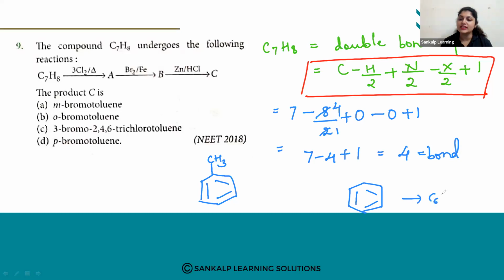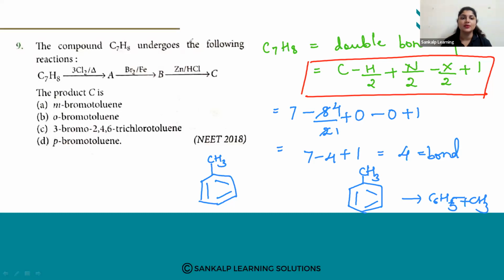So C6H5 plus CH3 will total C7H8. So this is our compound.